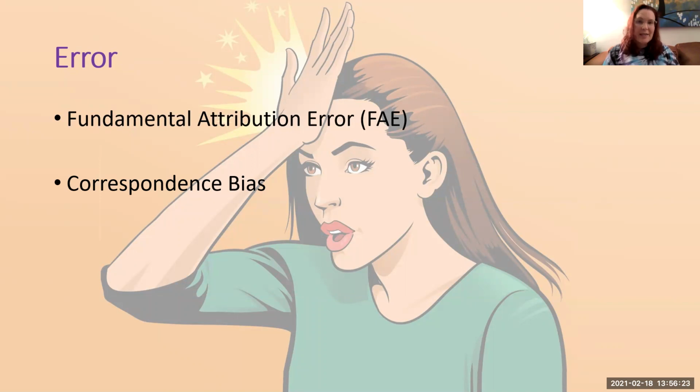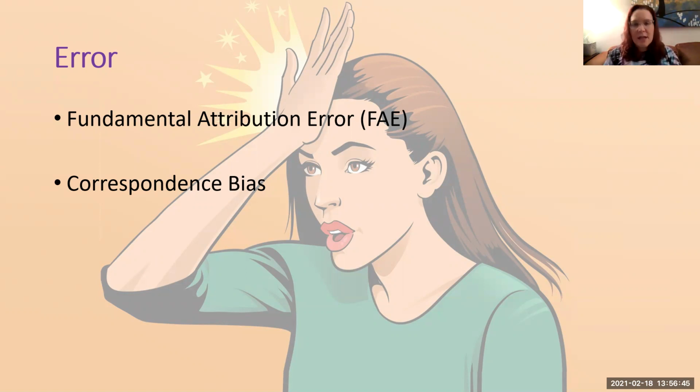Correspondent bias is really similar to the fundamental attribution error. We tend to assume that people's behavior corresponds to the kinds of people that they are, or what we know of them or assume is true about them. So that's our sort of starting place.